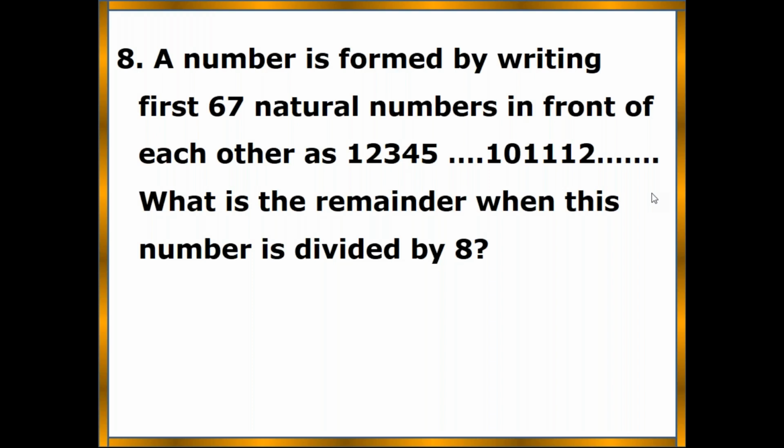A number is formed by writing the first 67 natural numbers in front of each other as 1, 2, 3, 4, 5 and so on.